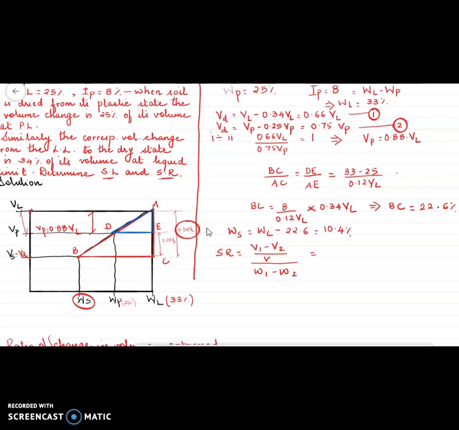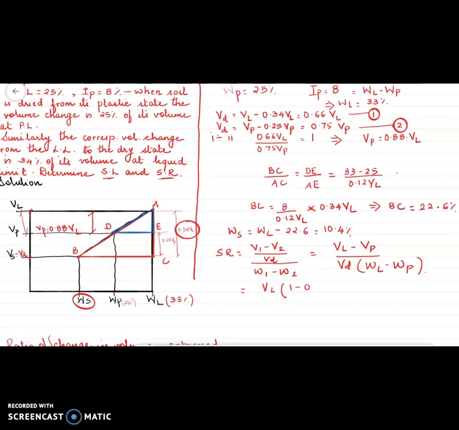So I'm taking V1 as VL, V2 as VP, dry volume as VD, divided by WL minus WP. So I rewrite this as: we have everything in terms of VL only, no?